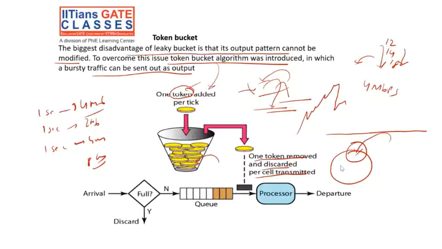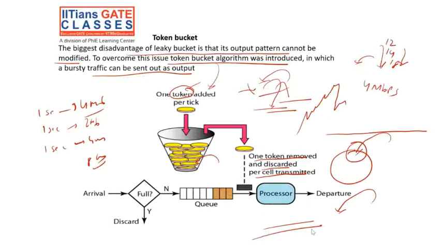So we are making our output rate bursty. That's the simple thing. If more data is coming, the tokens in the bucket will be more. When we need to depart the packet, we assign a token to the packet, and departure in the forward direction goes on like this.